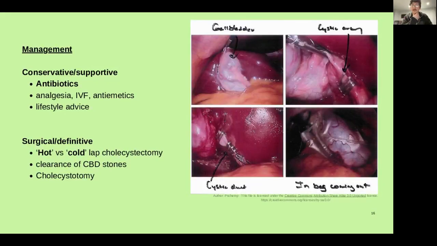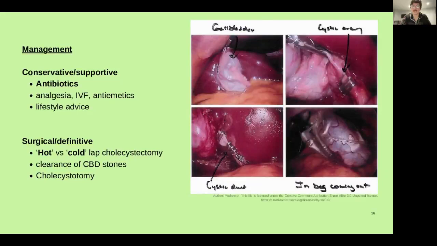But really, it should probably be within a few days, because as the inflammation goes on over time, it can distort the anatomy, it can cause adhesions, and it can increase the likelihood of complications during the surgery.